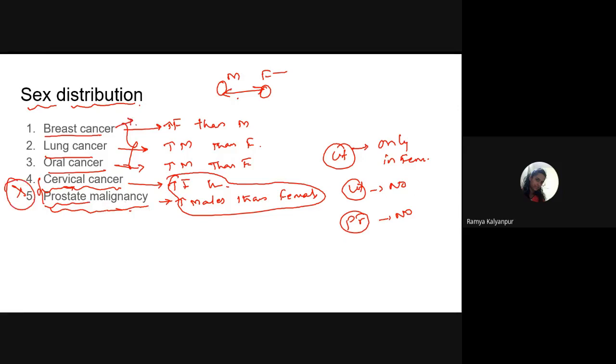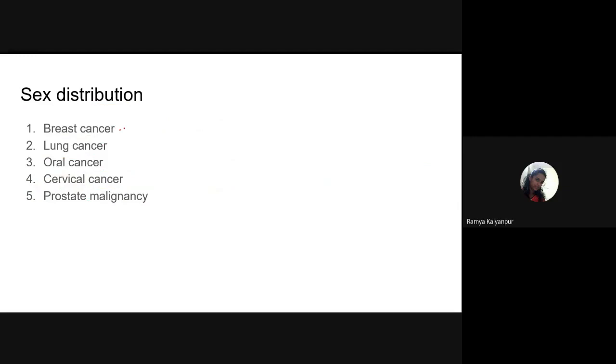Then what about breast cancer? Do you think that it is right to say that breast cancer is more in females than males? Am I right with this or wrong with this? I'm right, because breast is an organ that is present in both males and females.